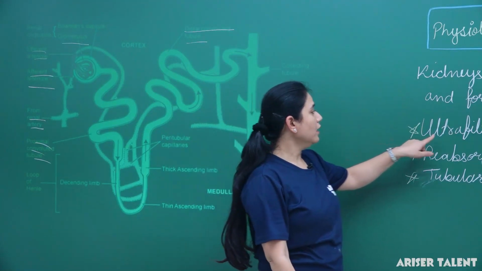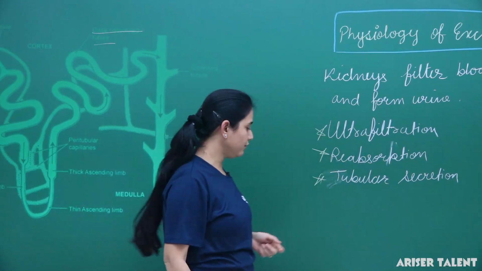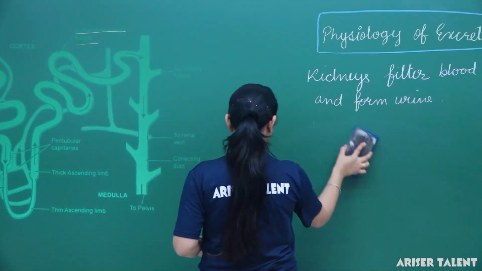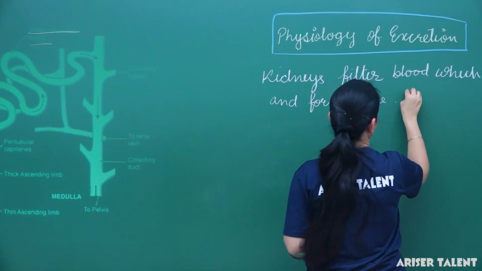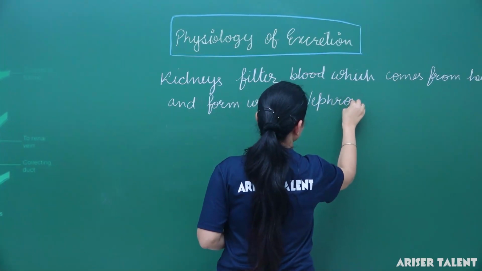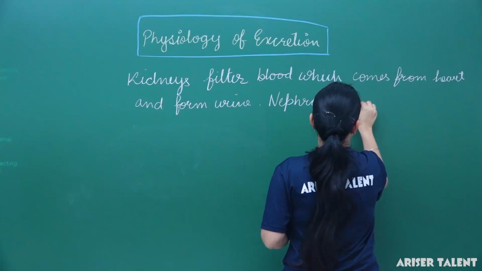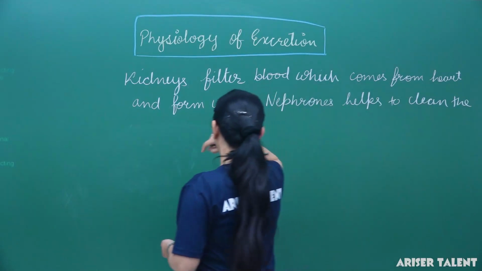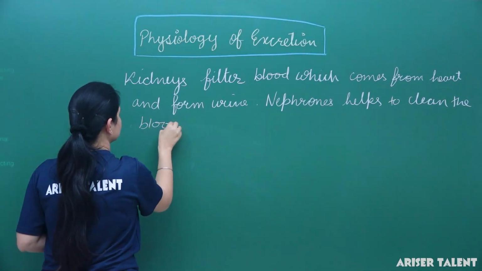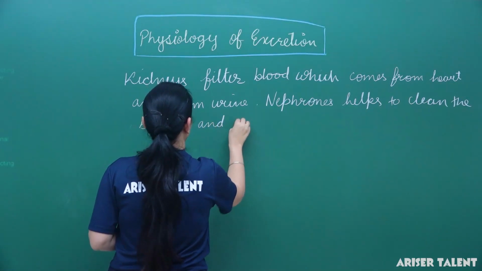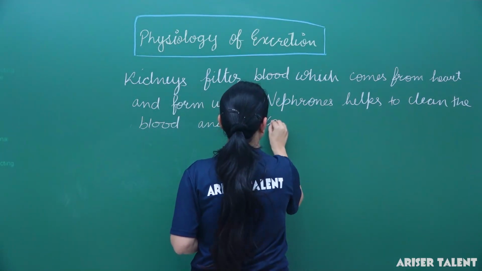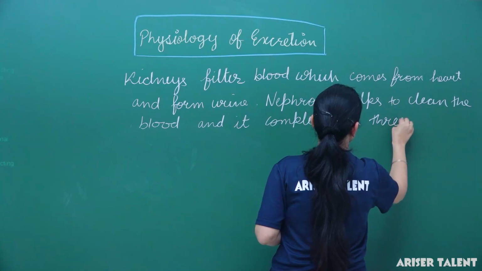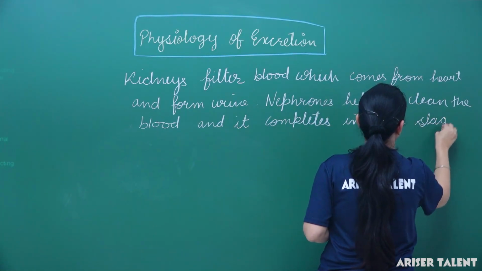Fine. So let me clear you ultrafiltration. First of all, we are going to talk about ultrafiltration. Here nephrons help to clean the blood, and it completes in 3 stages.